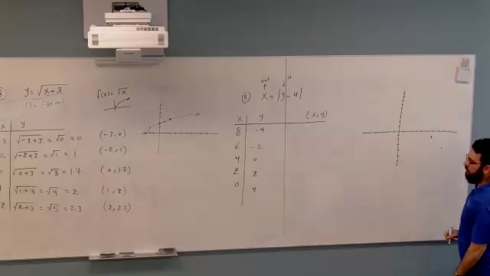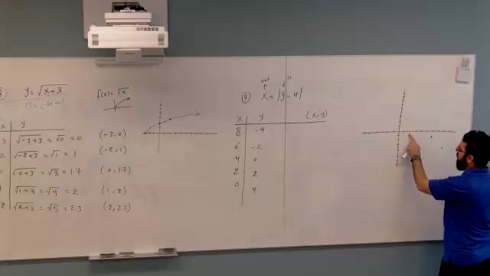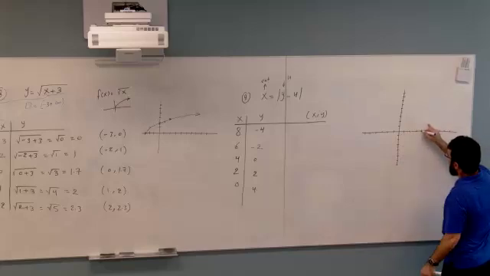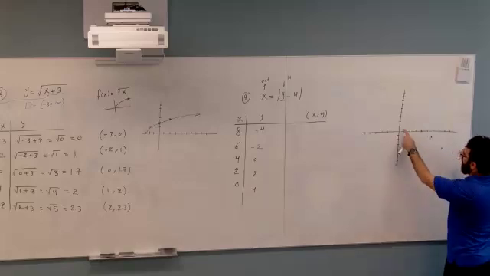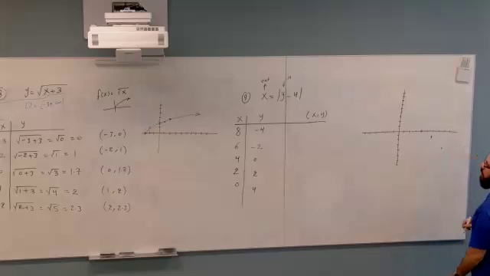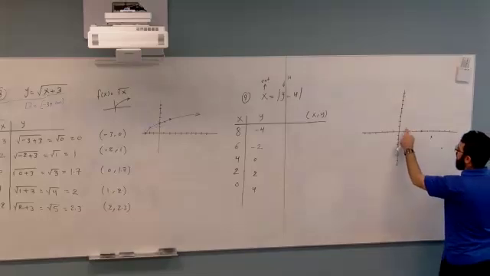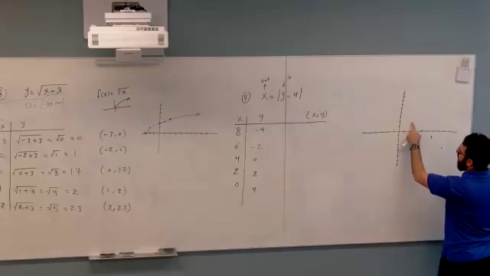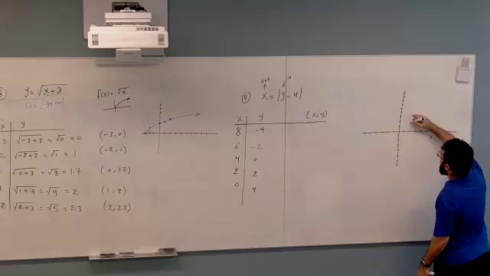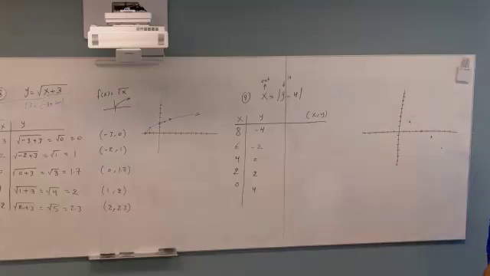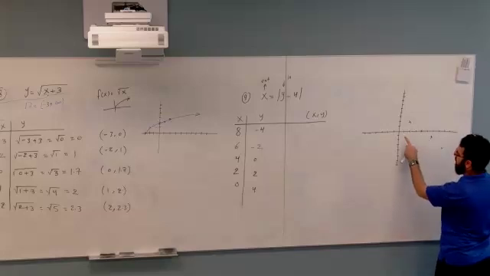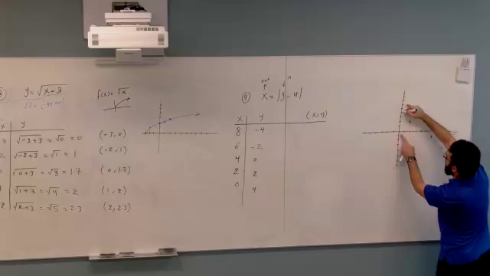What's the next number? 4, 0: 1, 2, 3, 4. What else? 2 and 2. What else? 0, 4, which is x is 0, y is 4.